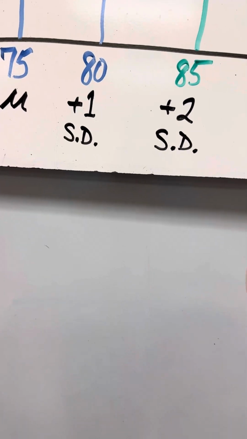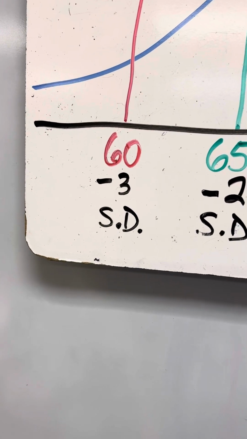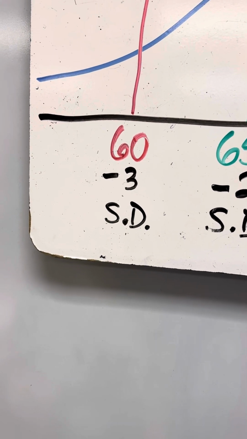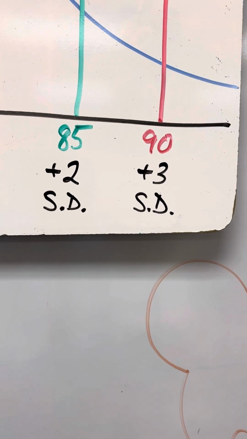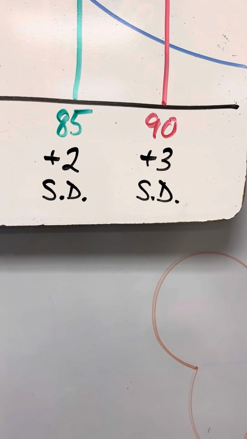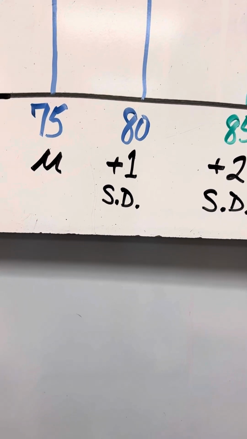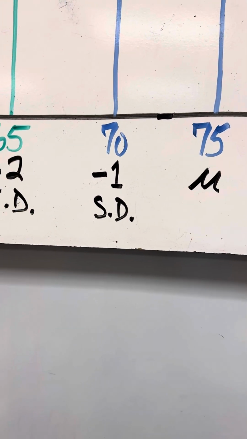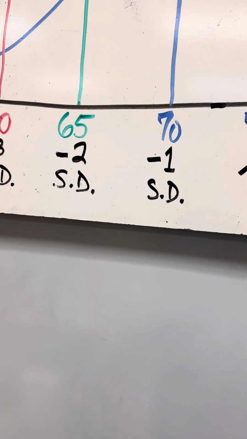If you scored a 60, your Z-score would be -3. If you scored a 90, your Z-score would be +3. If you scored 80, your Z-score would be +1. If you scored 70, your Z-score would be -1. 65, your Z-score would be -2.